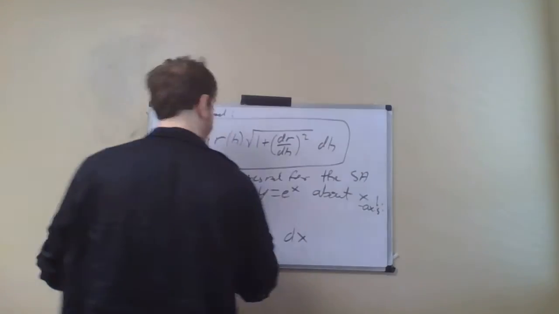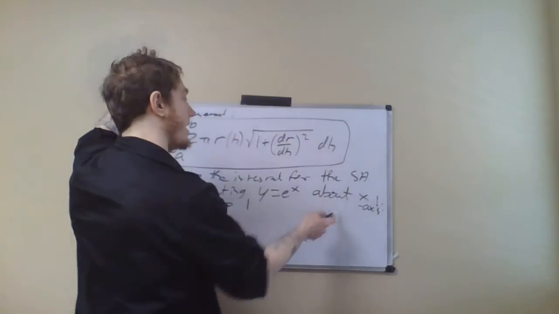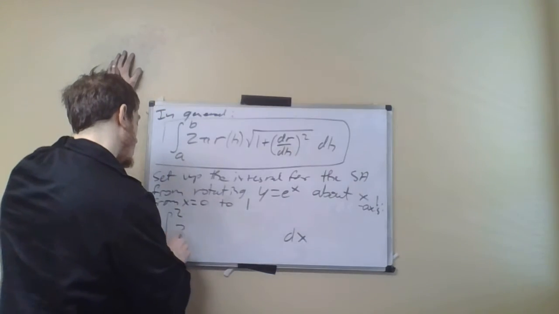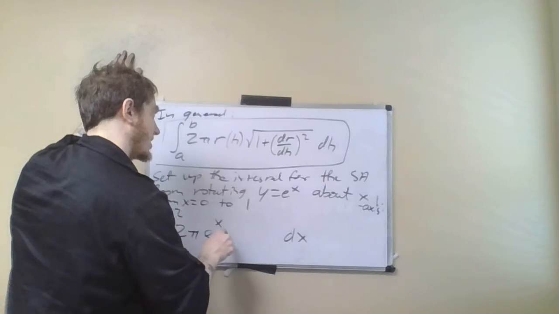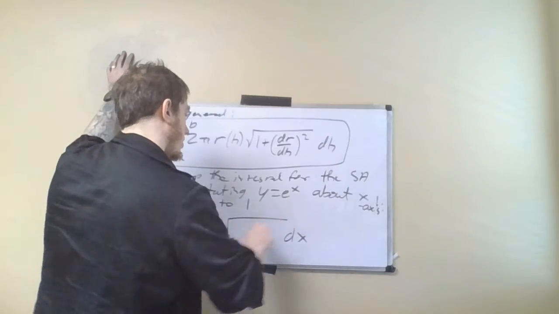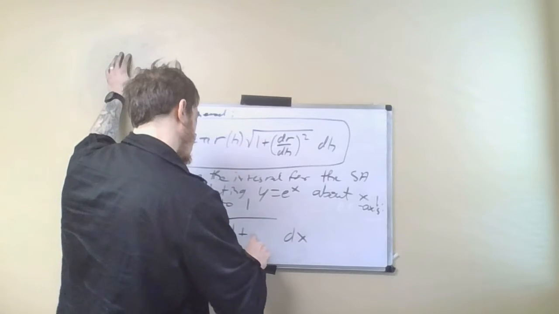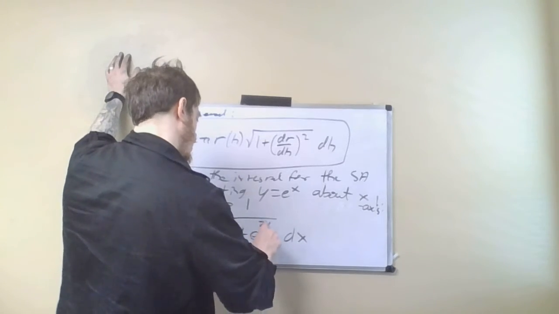And then the radius is just going to be given by y in this case, because we're rotating it about the x-axis. So this is going to become 2 pi times y, which is really e to the x, times the square root of 1 plus y prime squared, which is going to be e to the 2x.